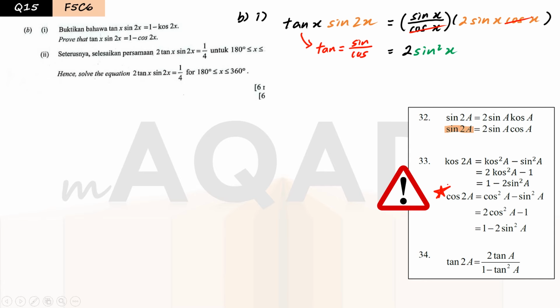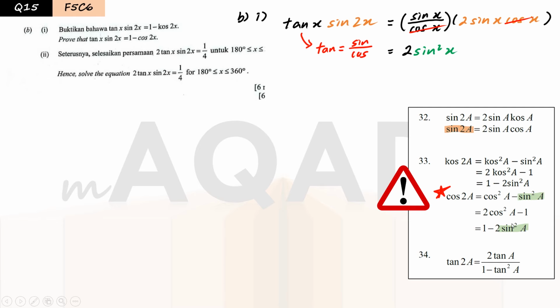Now, we need to have 2 sine square x and we change it to this, right? So we need to see in the formulas for cos 2x whether it has sine square x or not. If you look at these 3 formulas here, 2 of them have sine square x or sine square a. So let's go through them one by one.